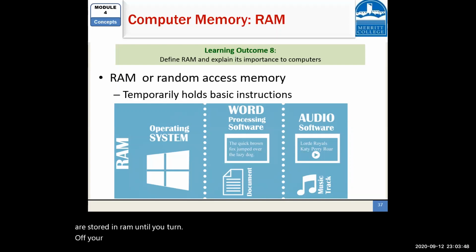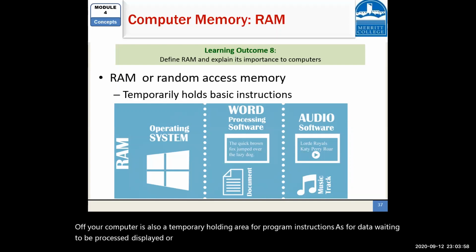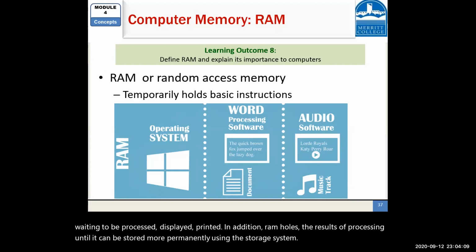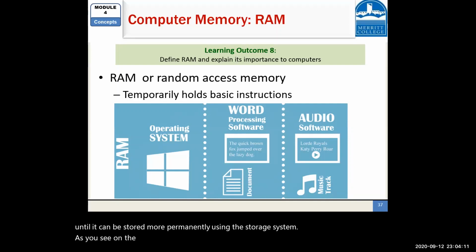RAM is also a temporary holding area for program instructions as well as for data waiting to be processed, displayed, or printed. In addition, RAM holds the results of processing until they can be stored more permanently using the storage system. As you see on the screen, this is RAM as a temporary holding area.